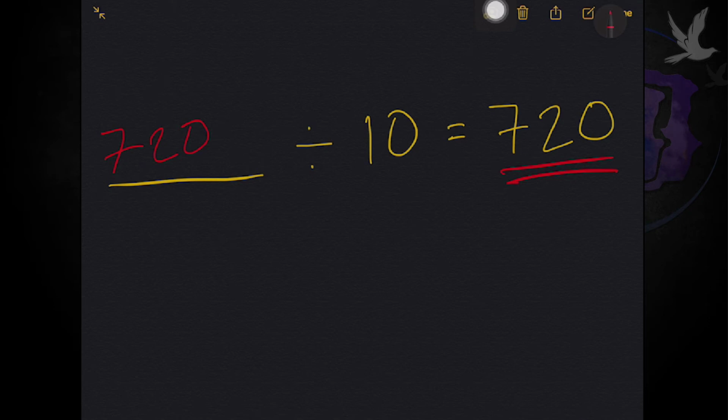And all you have to do is to check your divisor. How many zeros do you have here? 1. You only have 1 zero. So which means this 1 zero over here, all you have to do is just to copy it here. So our dividend will become 7,200.